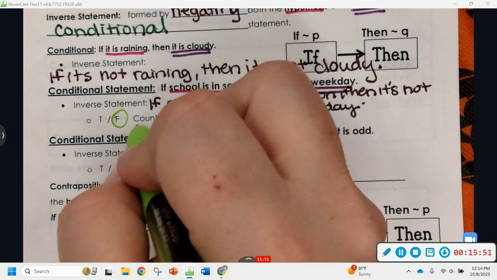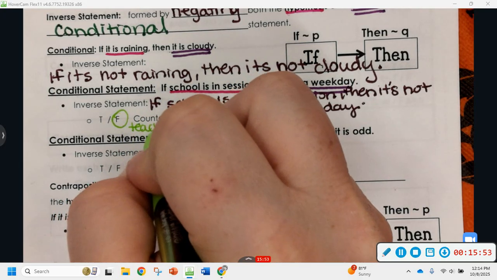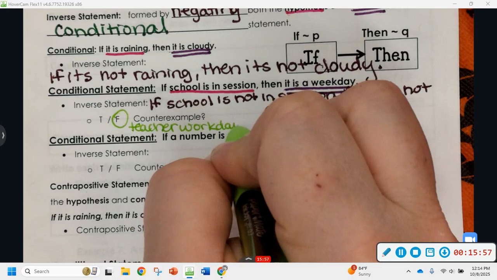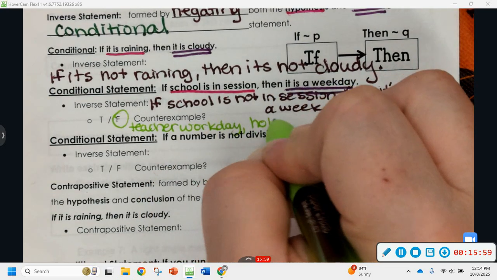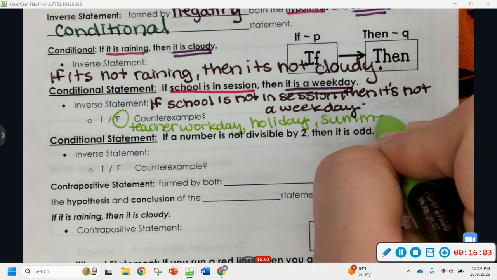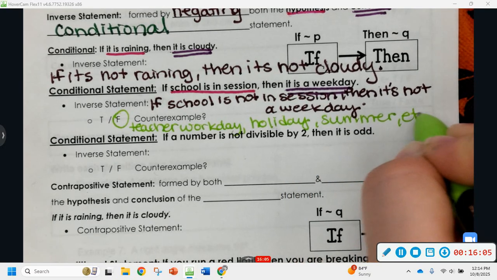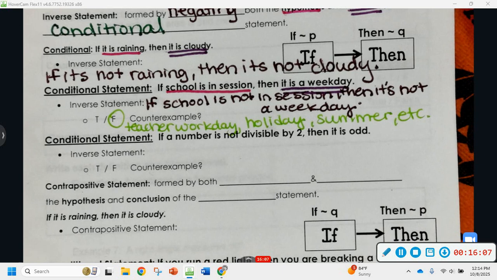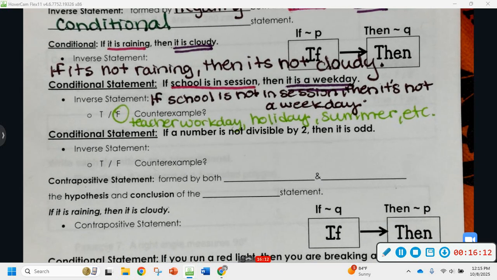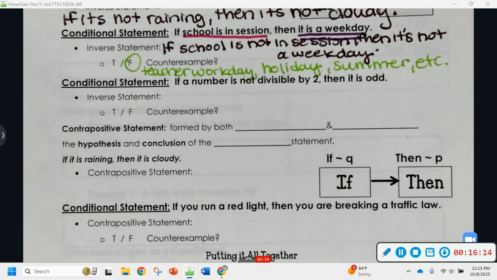So it could be a teacher work day. It could be a holiday. It could be summer. Again, there are lots of different counterexamples, but you do have to be specific. Those are some specific ones. And how many did you need?